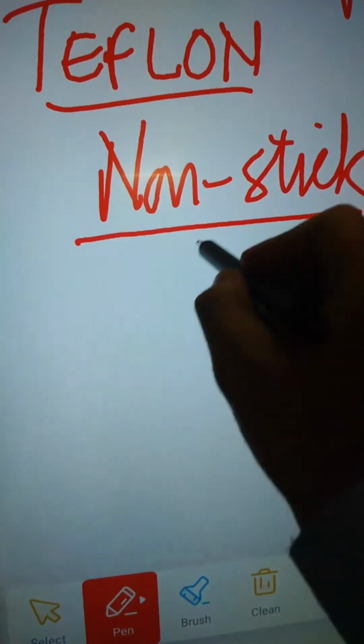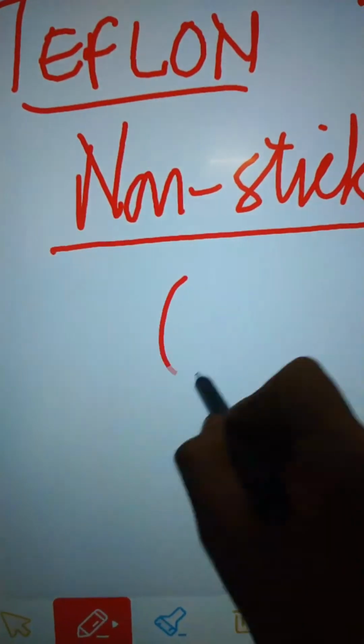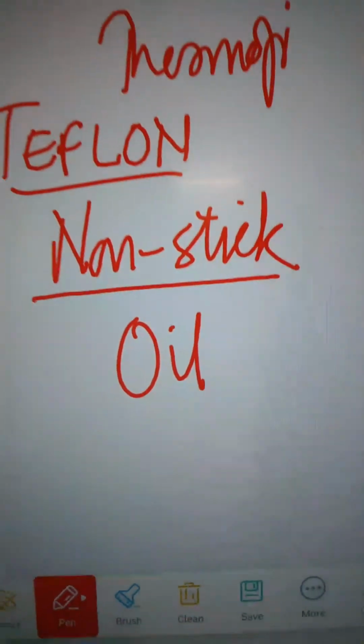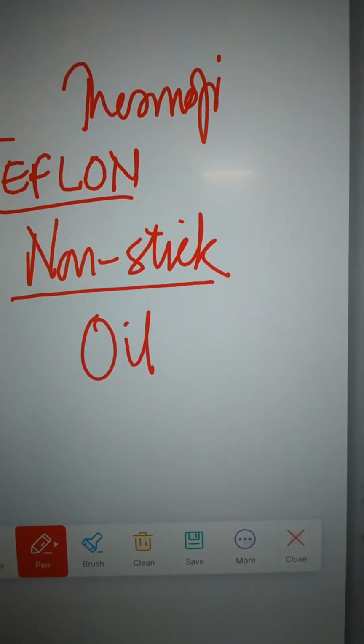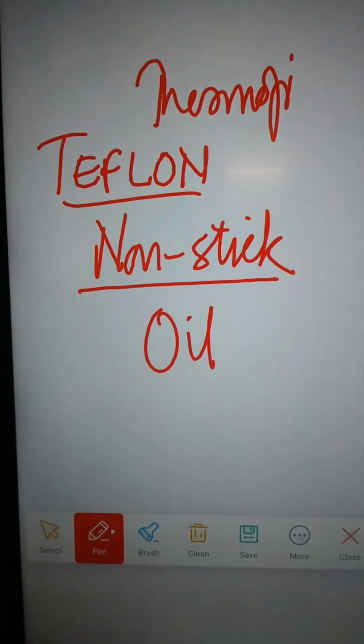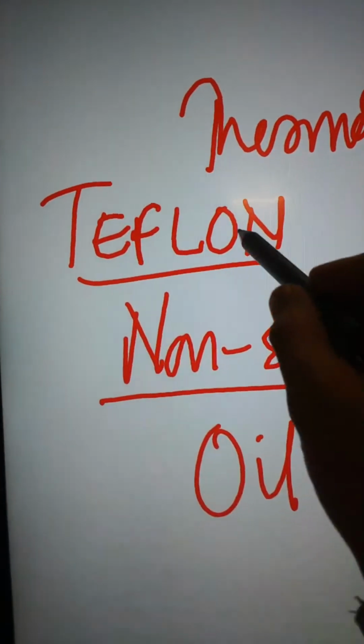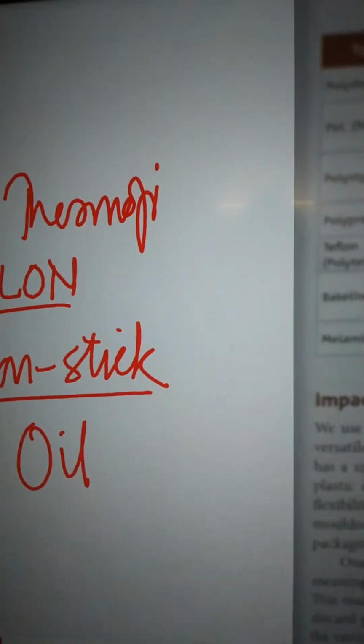If you don't want the food to stick, normally we use oil, isn't it? Now the oil is not considered good for health, so people stop using oil and start using Teflon, which is the non-stick cookware.